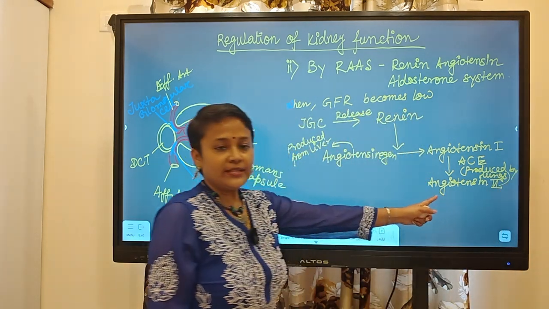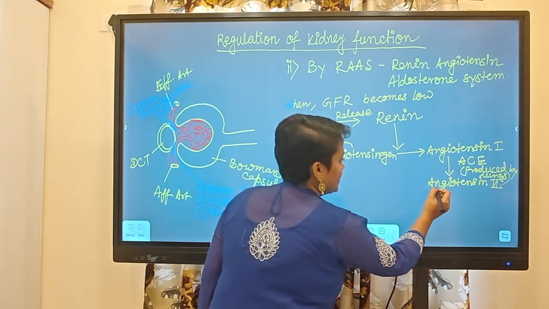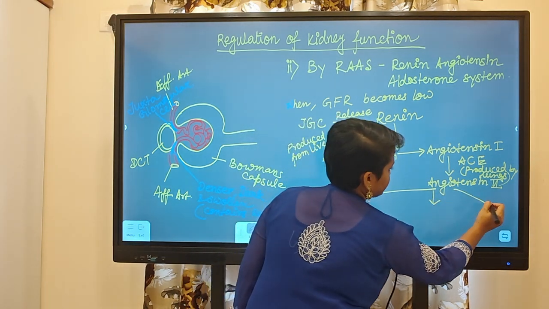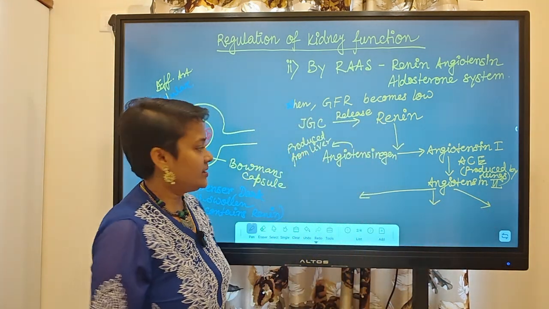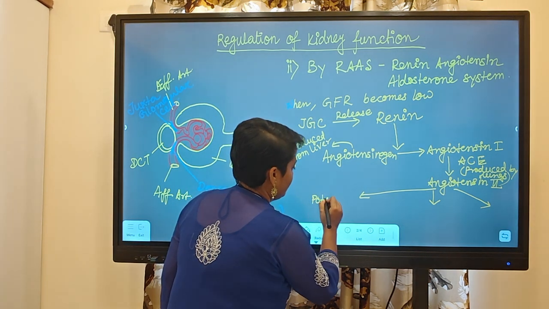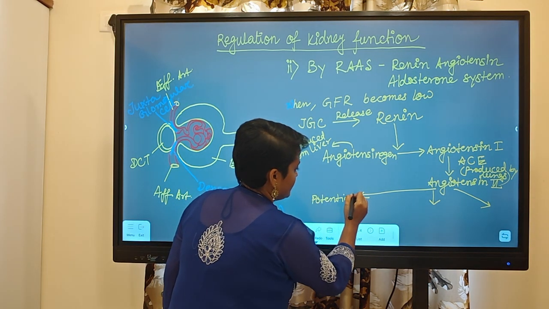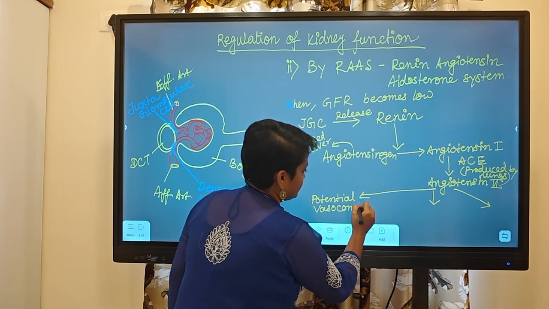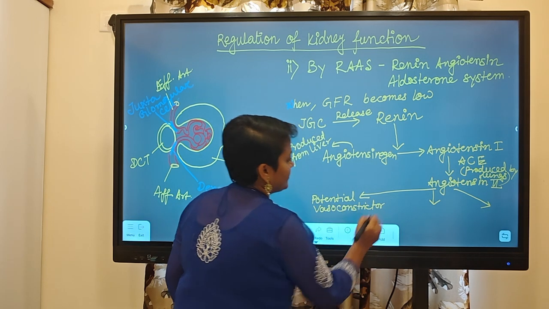And that angiotensin 2 has three different effects. First effect is, it is a potent vasoconstrictor.